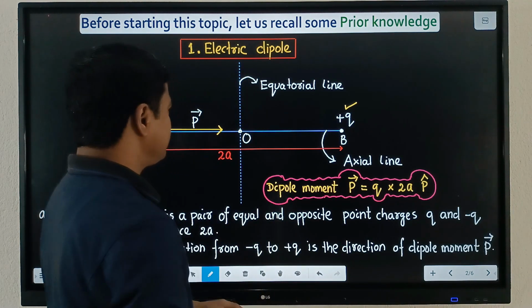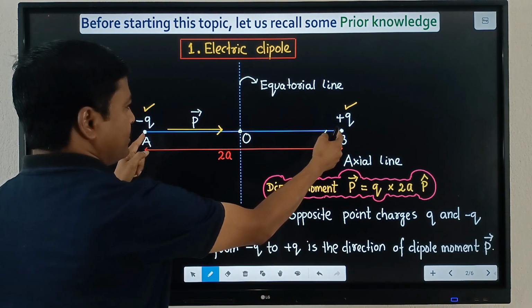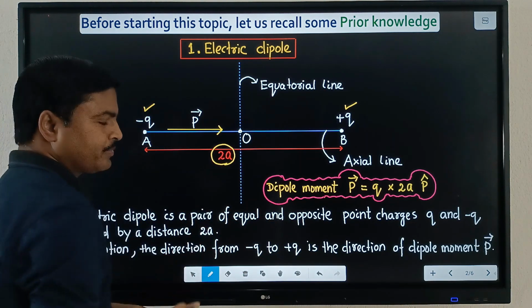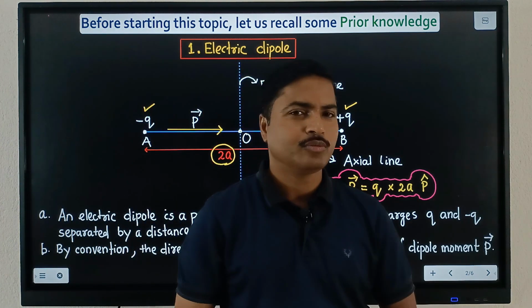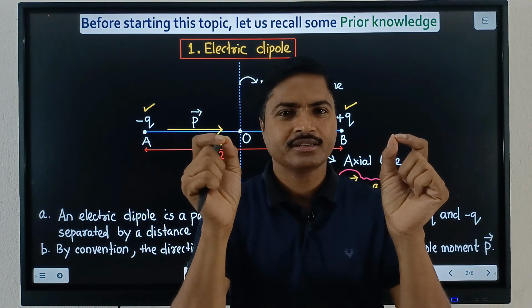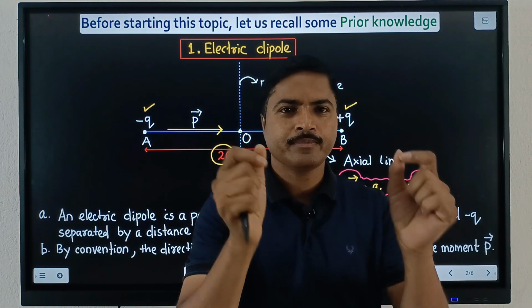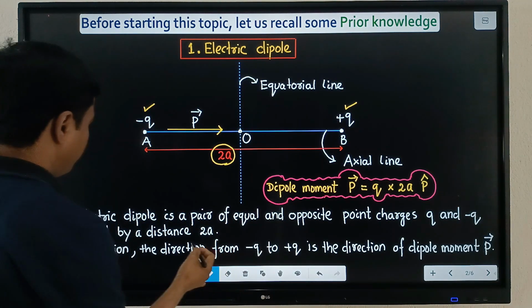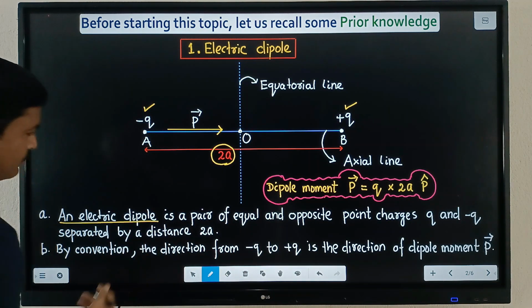This is the distance between the two charges from A to B, and we write this distance as twice of a. That means simply suppose we take two equal and opposite charges separated by a distance, and that is known as the electric dipole.